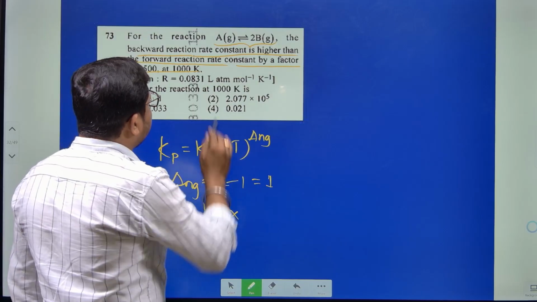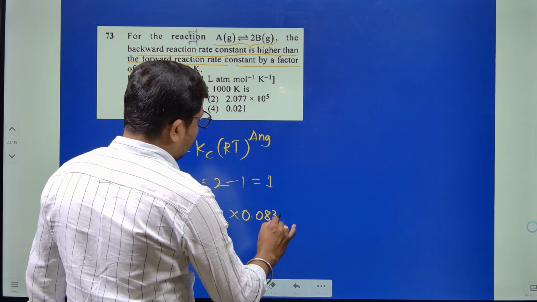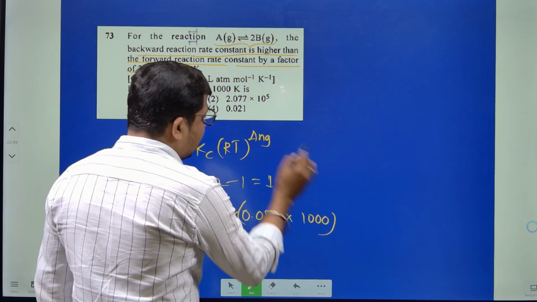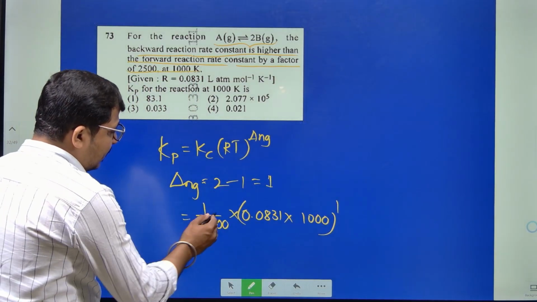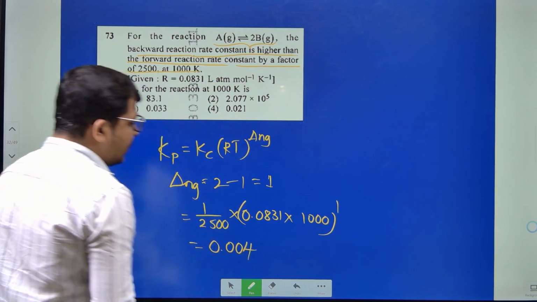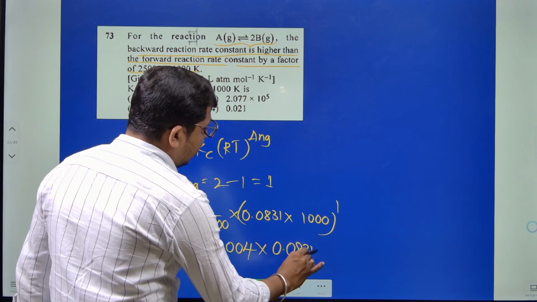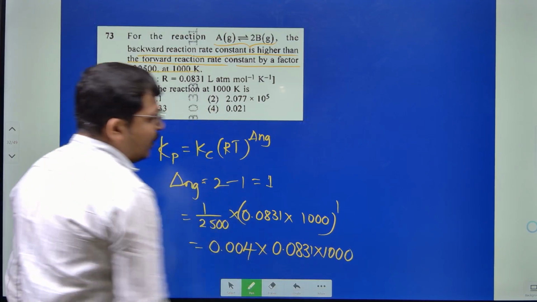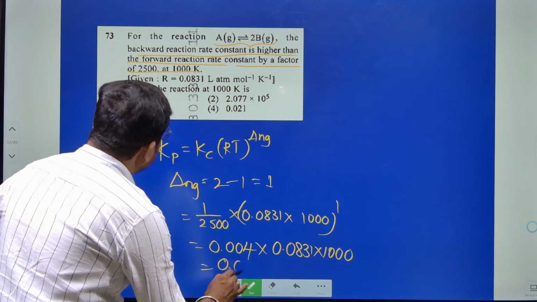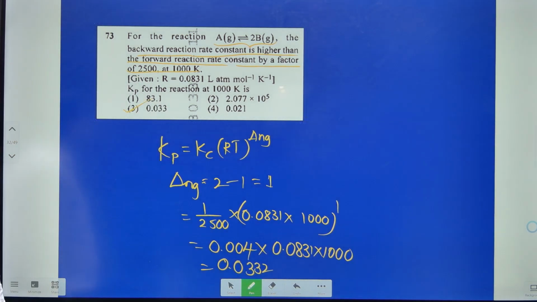Into R value 0.0831, into temperature 1000, and delta Ng is 1. This value becomes 0.004 into 0.0831 into 1000. I hope you will simplify this. The final answer will be 0.0332. Hence, the right option is option 1 for the 73rd one.